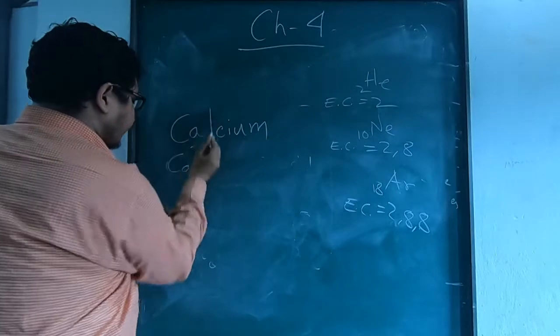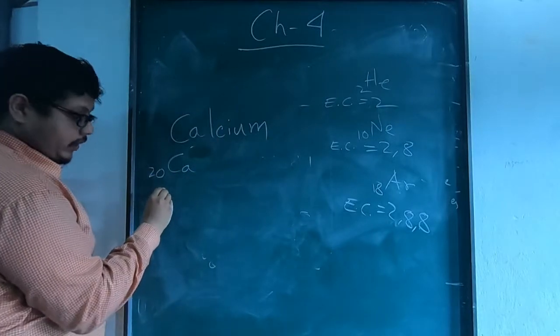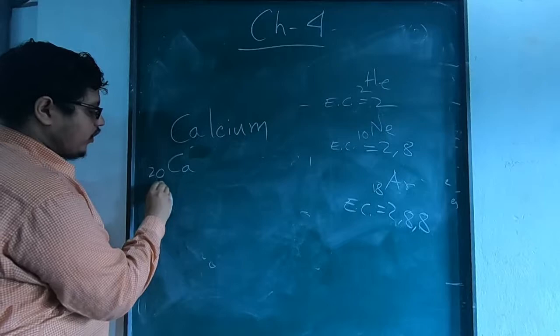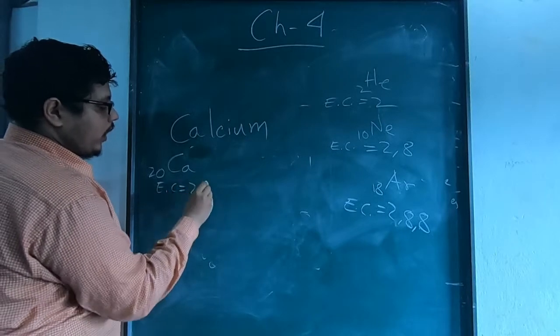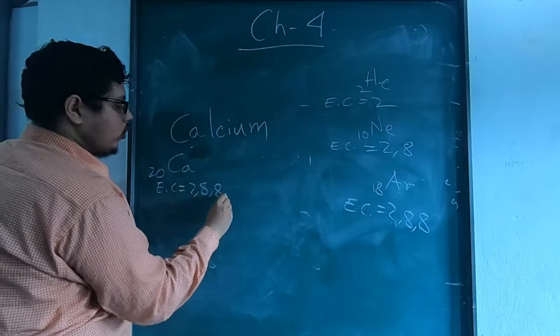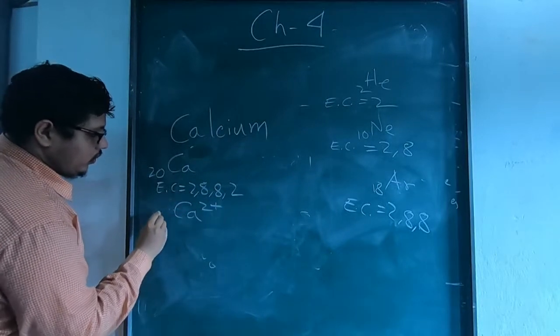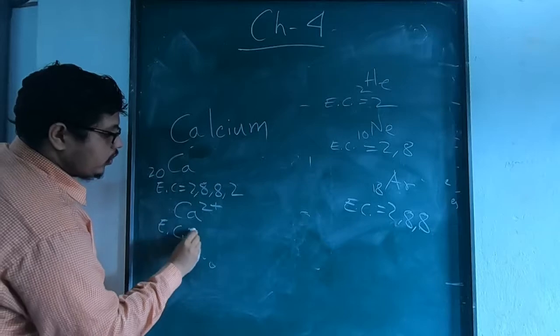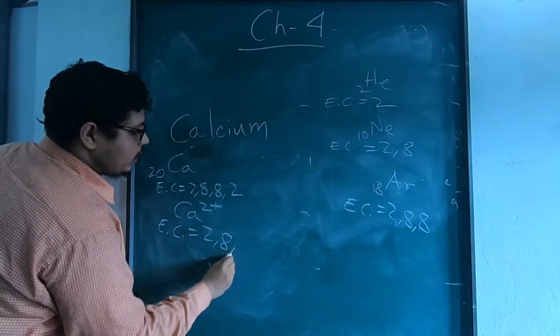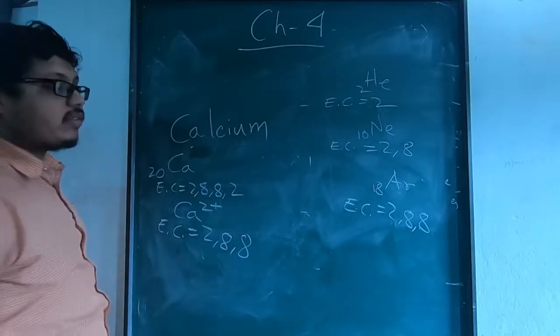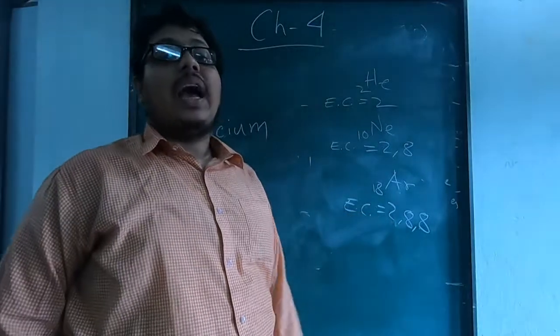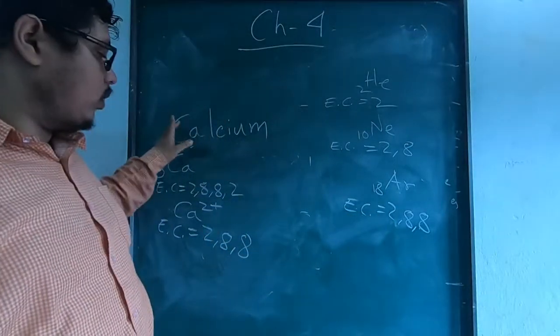Calcium was how much? 20, right? Atomic number was 20, electronic configuration was 2, 8, 8, 2. After losing it became Ca2 plus. Electronic configuration is how much? 2, 8, 8, which we saw just now in detail. It is just like argon.